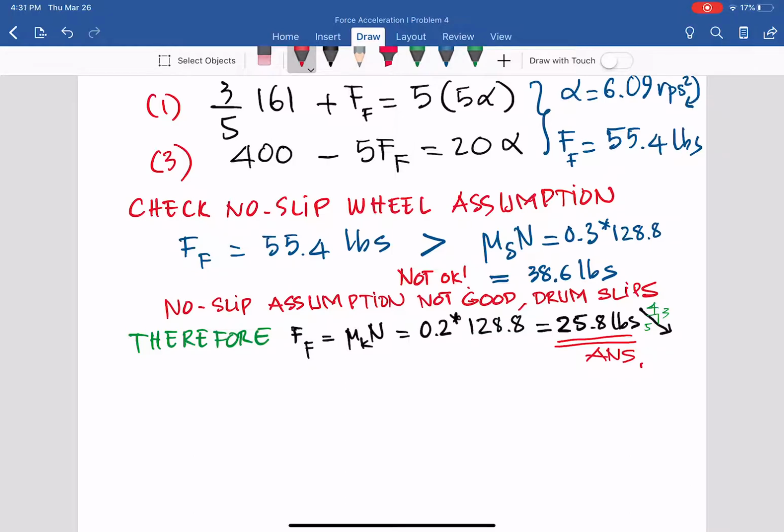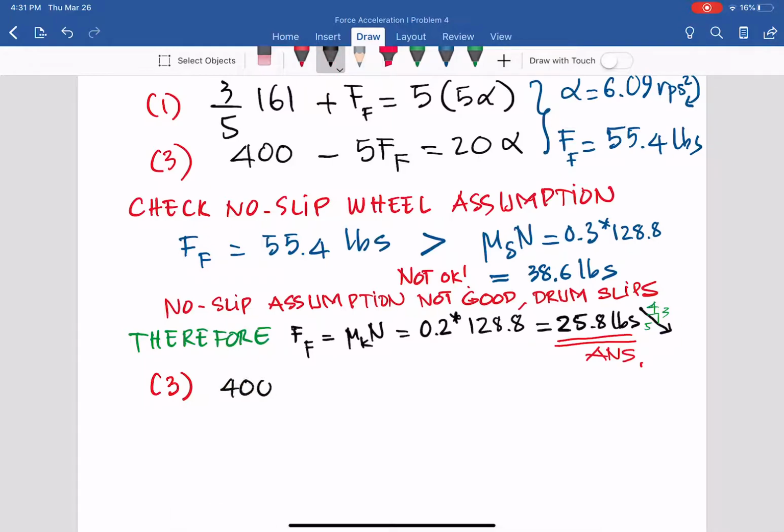Okay, so what is the acceleration? By the way, the angular acceleration. You can plug into equation 3 to find out the angular acceleration of this one. Plug to that, you can have 400 minus 3 FF.